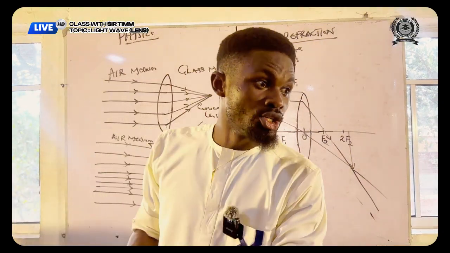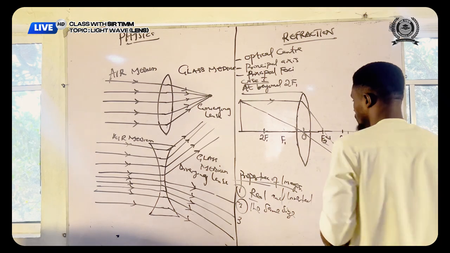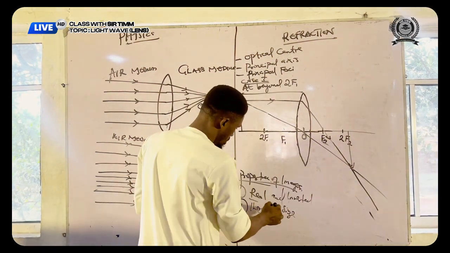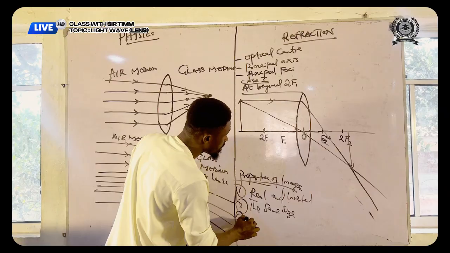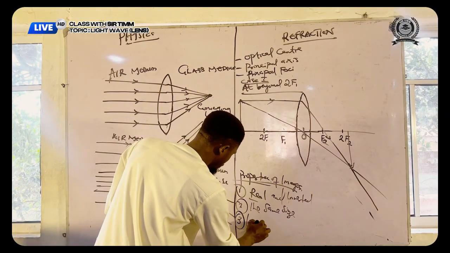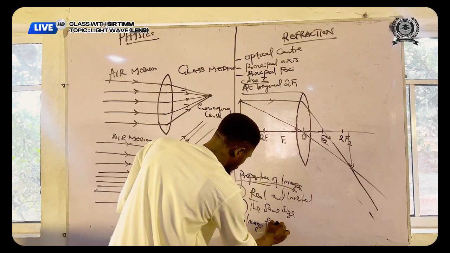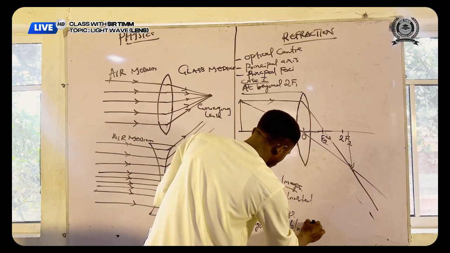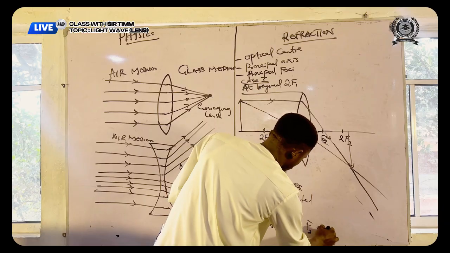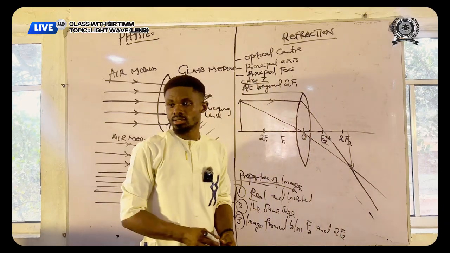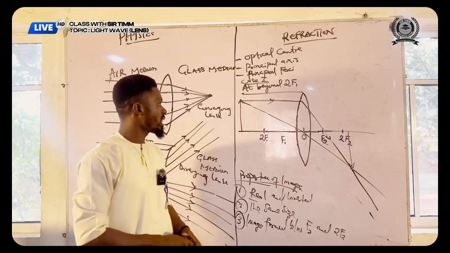Yeah. She's correct. I've confirmed from my own drawing. It's formed before. So the image is formed between F2 and 2F2. Isn't it? Very important.